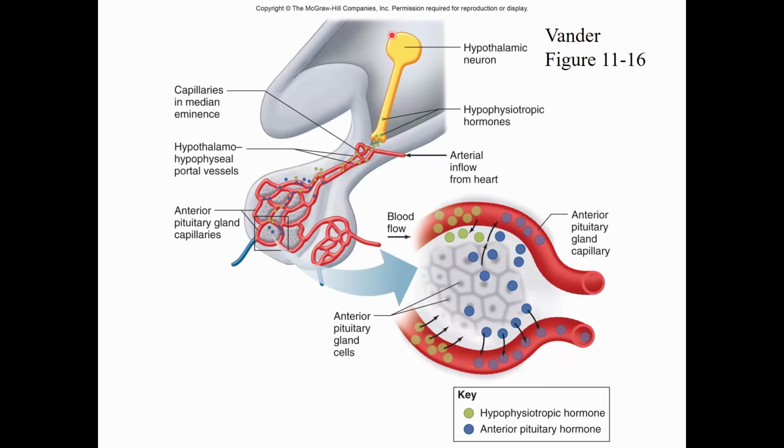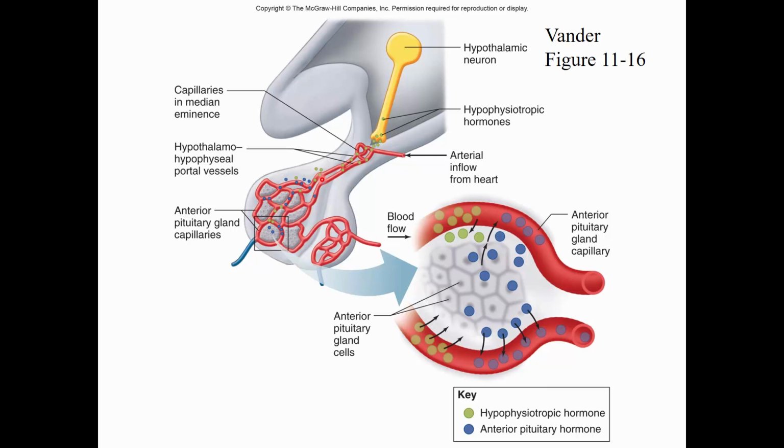So here's the hypothalamic neuron releasing a releasing hormone into a capillary bed. We go through a portal system. Now what is a portal system? A portal system is a connection between two capillary beds and allows two capillary beds to communicate without going through the heart. Now, would those hormones go through the heart later? Sure they would. But we go straight from the hypothalamus to the anterior pituitary without going through the heart first.